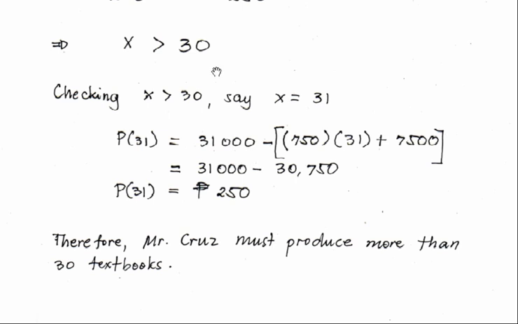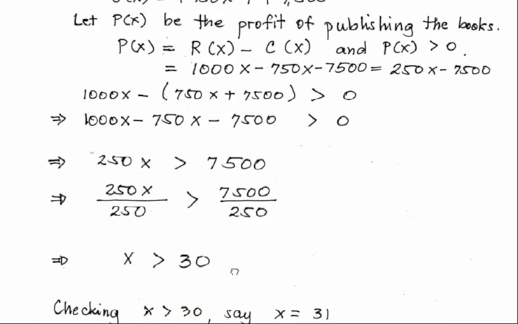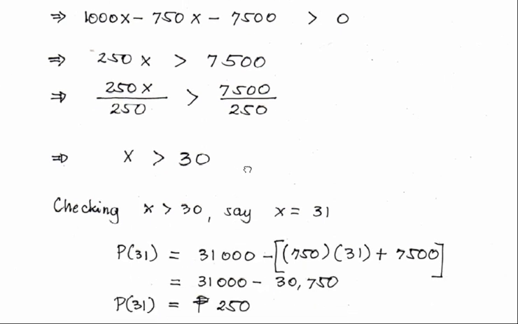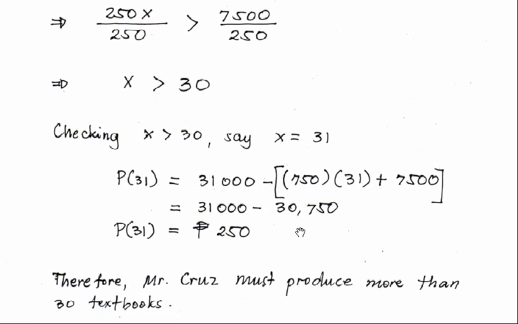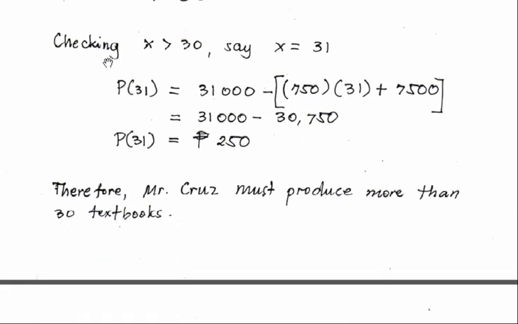Recalling the profit function above, R of x minus C of x, we have 1,000 times 31, which is 31,000, minus 750 times 31 plus 7,500. So P of 31, meaning if Mr. Cruz decides to produce 31 books with the company, he has a profit of 250.